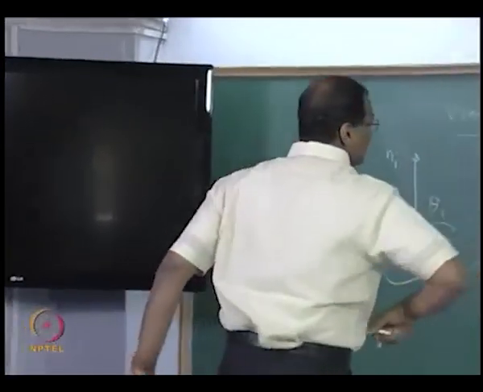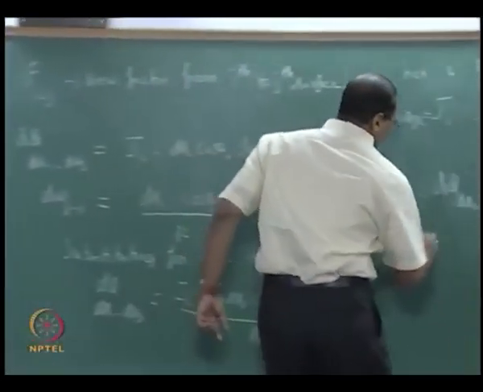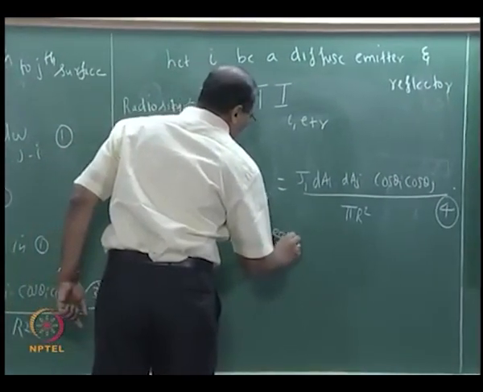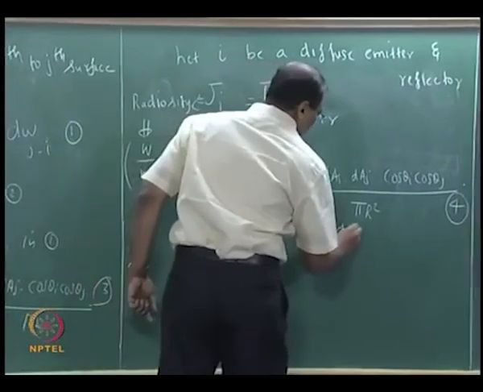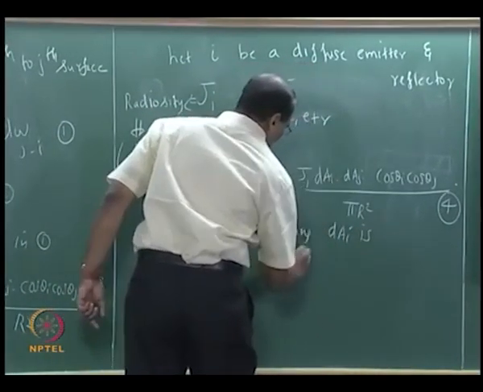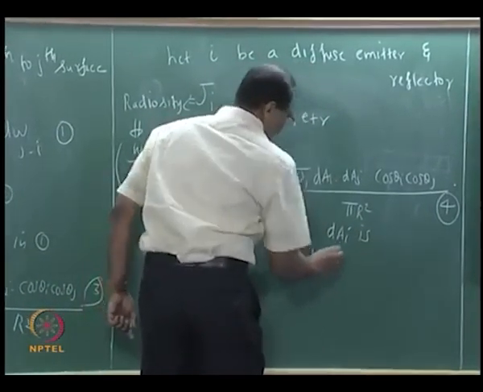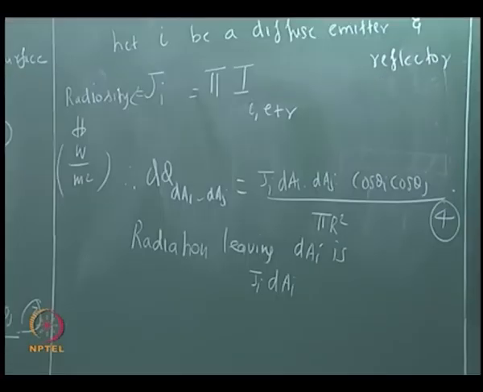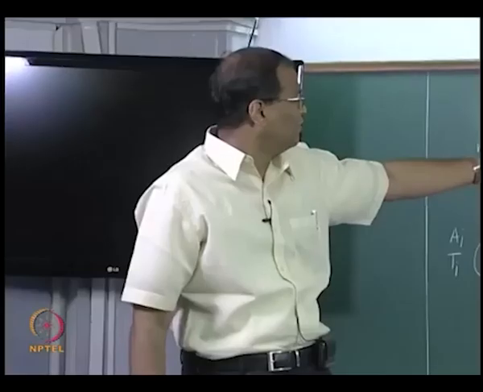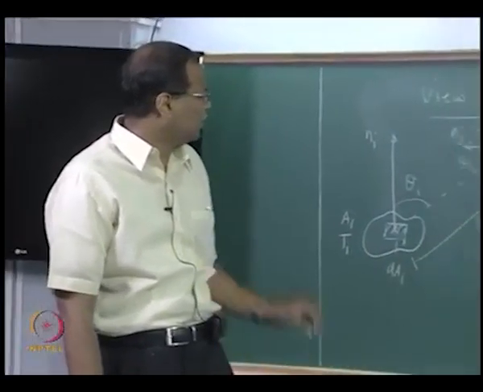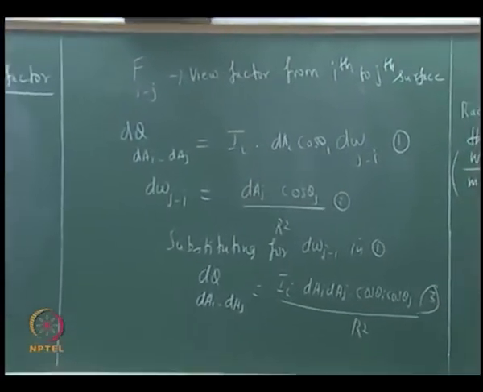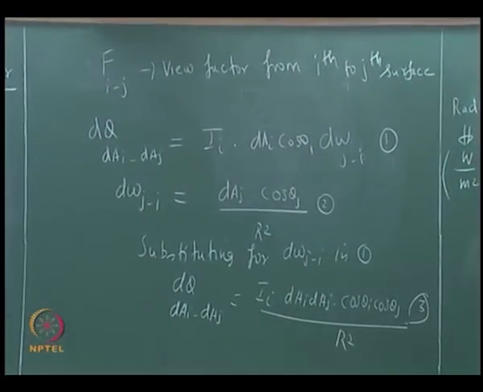Okay, radiation leaving dAi, agreed? Watts per meter square into meter square, watt. Okay, then if you look at the units for equation 1, 3 and 4, they are all having units of watt, very good.